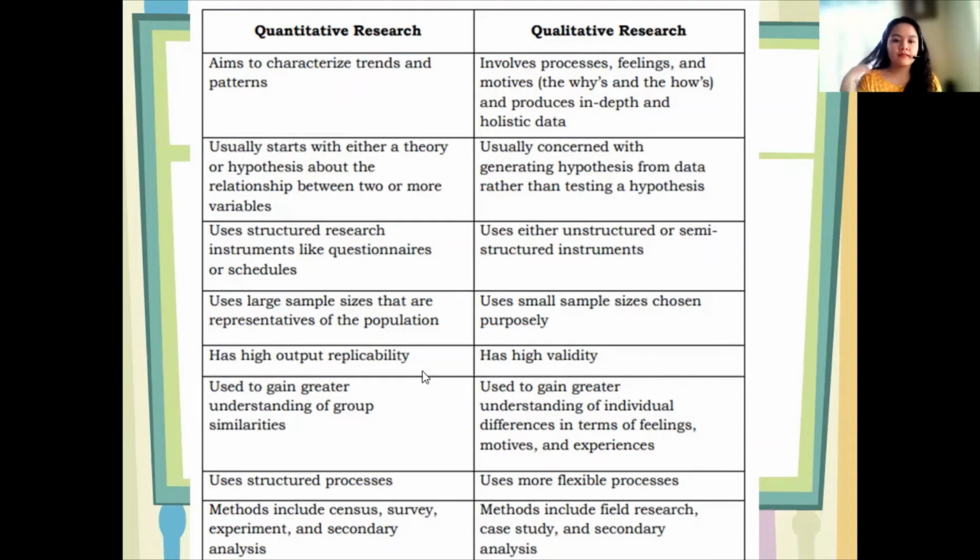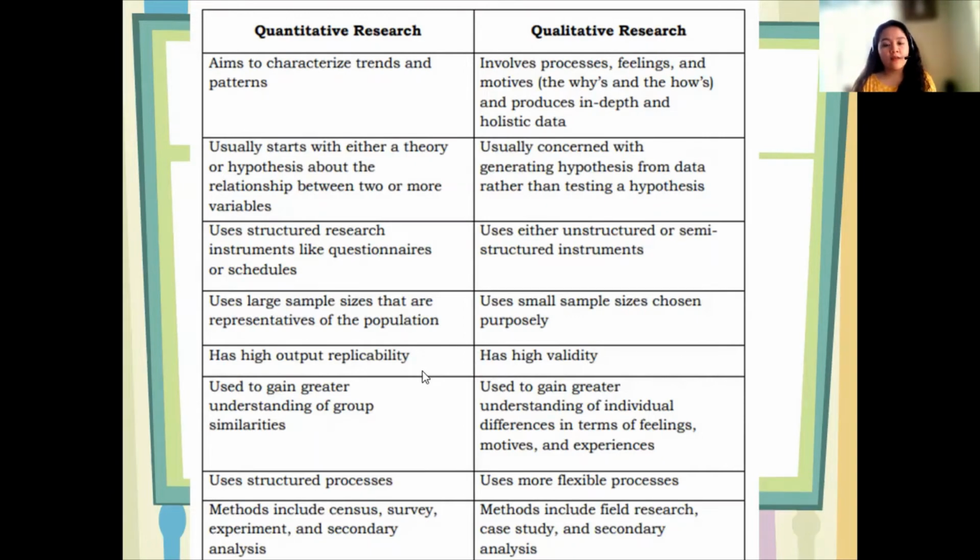Next, has high output replicability. So, ang quantitative has higher replicability. Bakit? Because the method of collecting, interpreting, and analyzing data collected is far easier than qualitative research. Mas madali ang quantitative na gawin kaysa qualitative research.